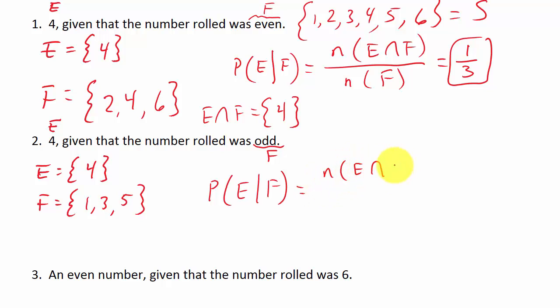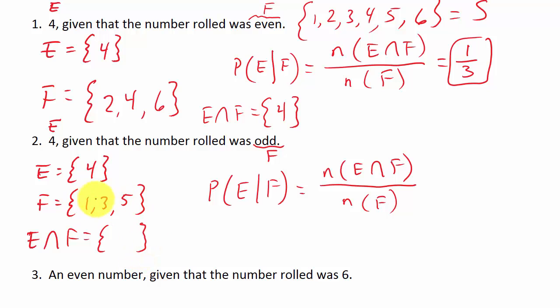Okay, and so the probability of E given F is equal to the number of elements in E and F over the number of elements in F. So we need E and F, or E intersect F. What elements do they have in common? Well, they have nothing in common, so there's no elements in that. So this would be the empty set.